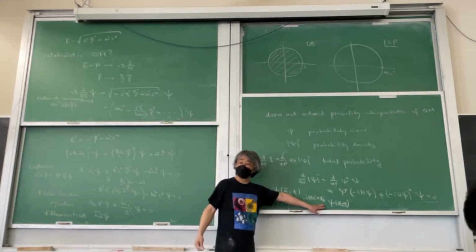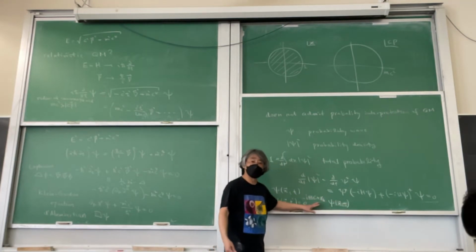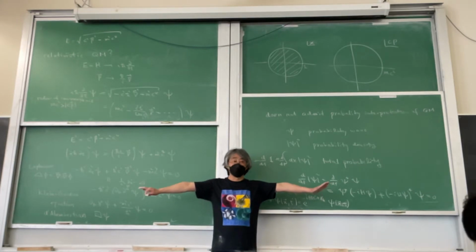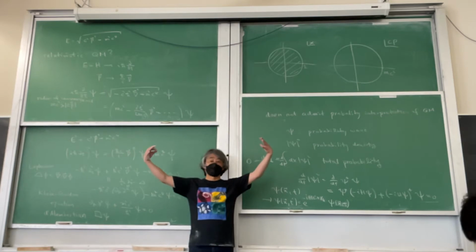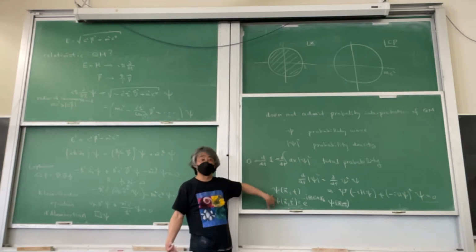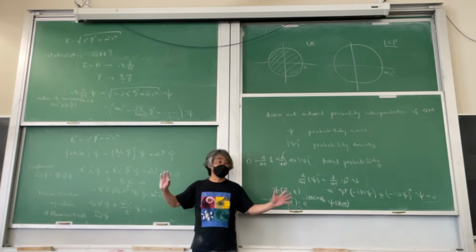So the initial condition you need to specify is the value of the wave function everywhere at a given moment. Then the rest of the evolution is totally determined. That's what the Schrödinger equation is telling you, right? So that's what you learned in 137.